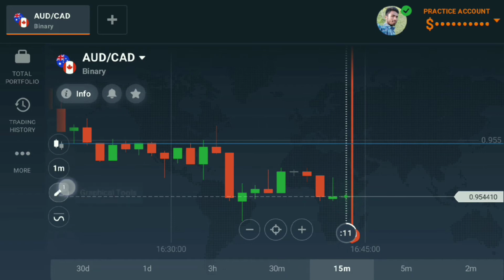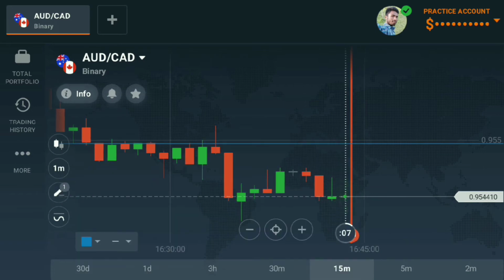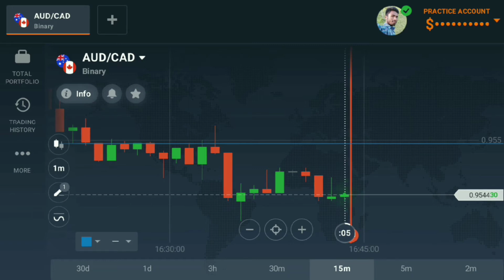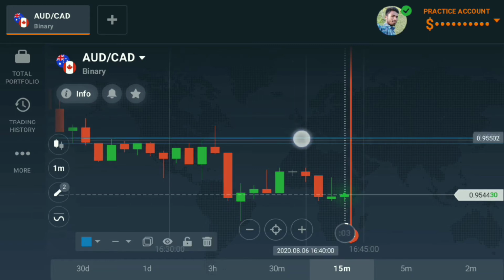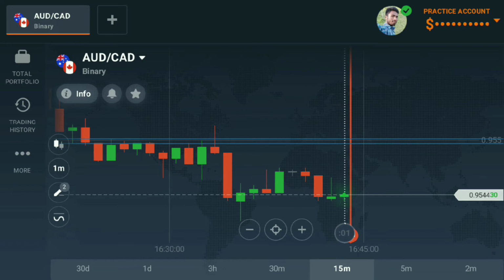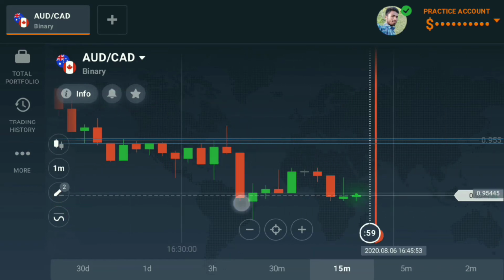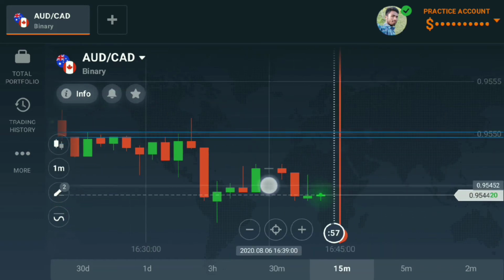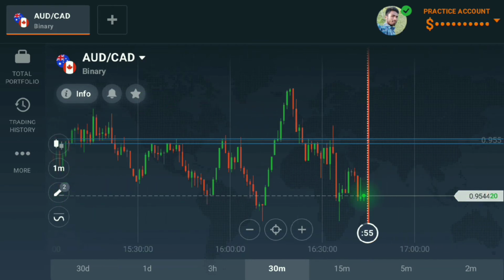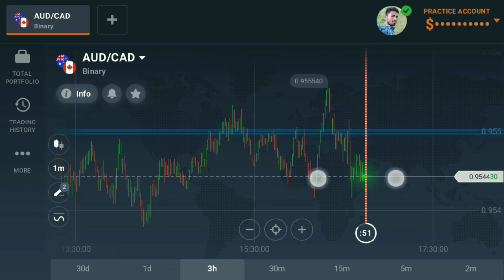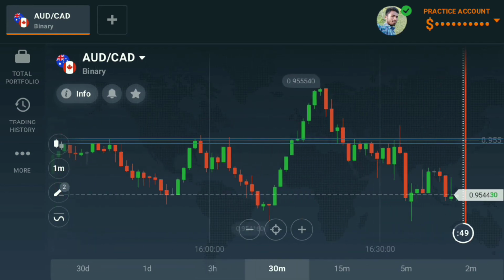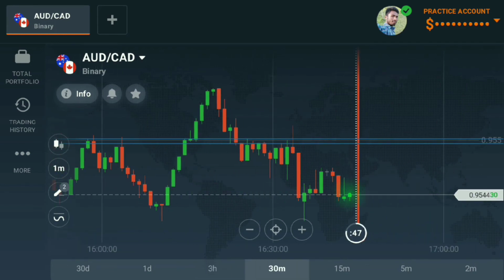From where the market is respecting, if any level the market is respecting again and again, these are the strong levels. So how to trade on them? You have to draw these strong levels and you have to trade on these strong levels, right?